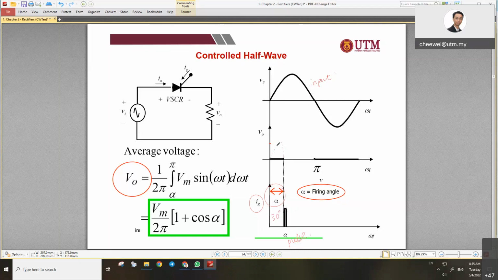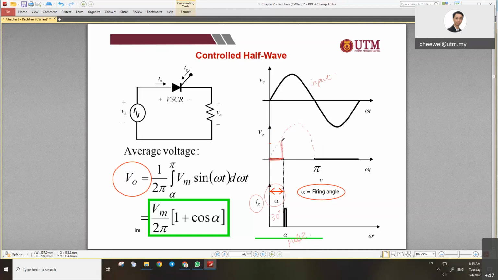start to work. So initially it's a sine wave, right? From 0 to alpha, what did I say just now? From 0 to alpha, it's sleeping. Sleeping means output is 0. So immediately after 30 degree, the output will be starting.